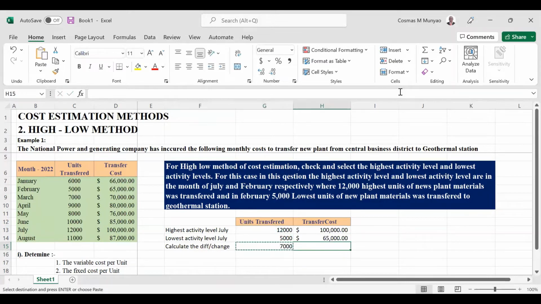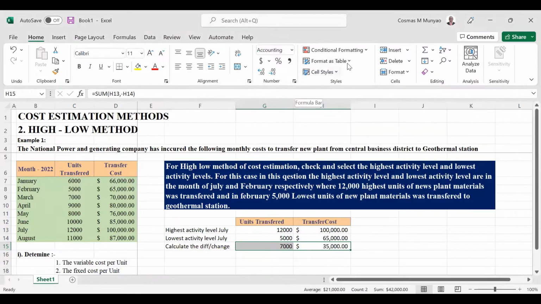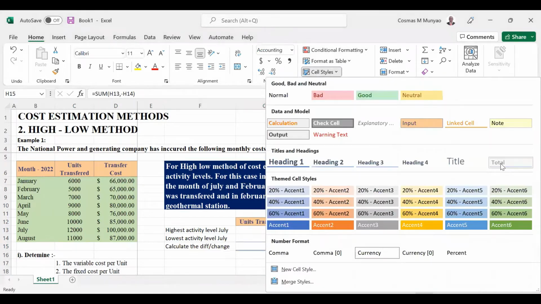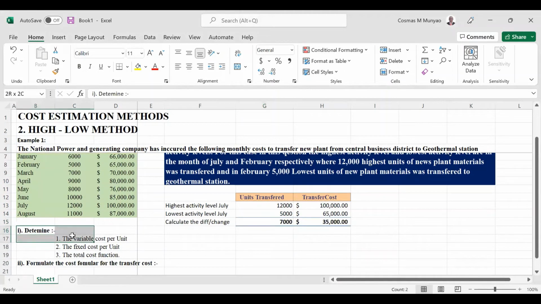You get 7,000, and this one you just copy directly and put the dollar sign. So this was the change. This was the difference. You can put it as a table or use the cell style. These are your totals. All right. From there, now we start solving the questions.